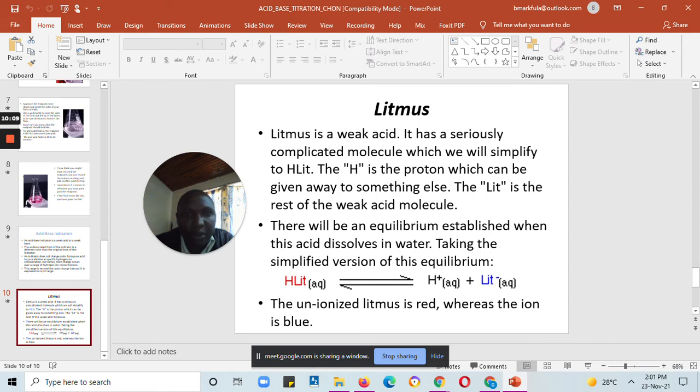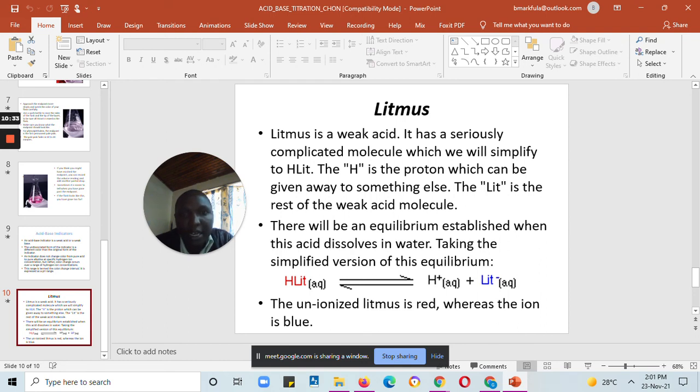There will be an equilibrium established when this acid dissolves in water. So taking the simplified version of this equilibrium equation, where that complex molecule dissociates into hydrogen ions and the rest part of the base.